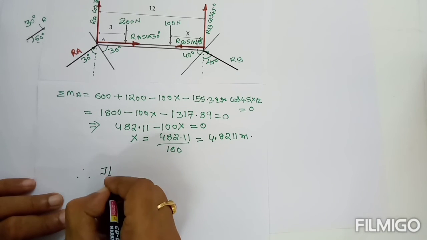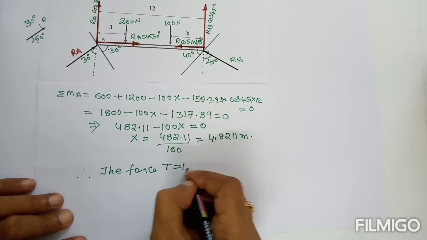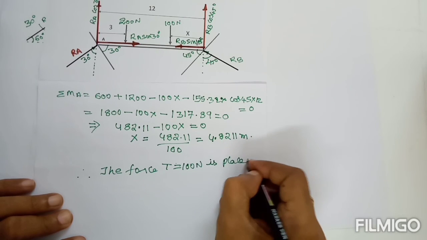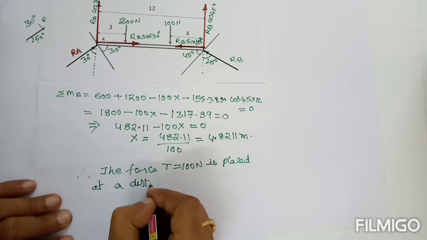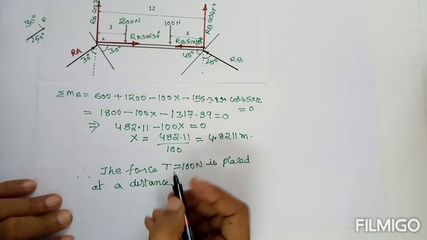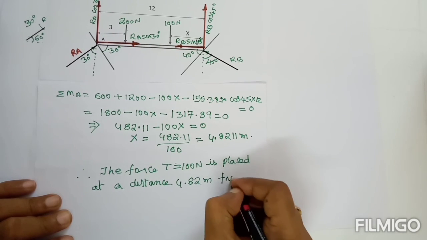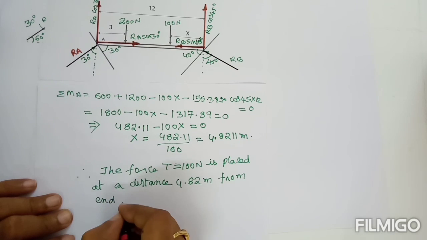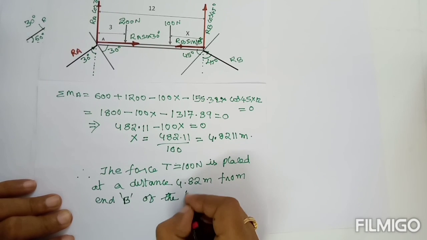Therefore, the force of 100 newtons is placed at a distance of 4.82 meters from end B of the bar.